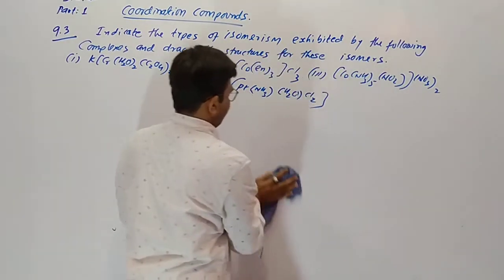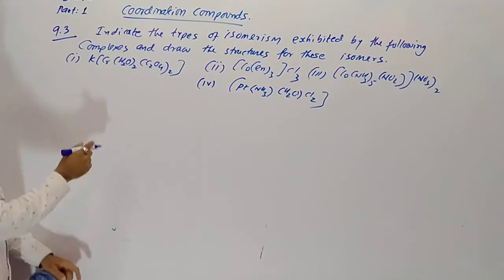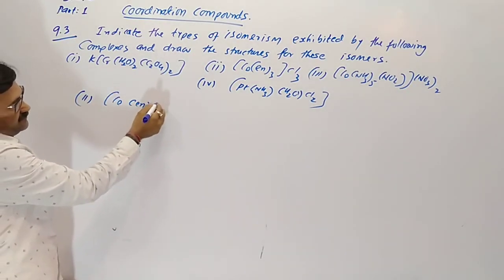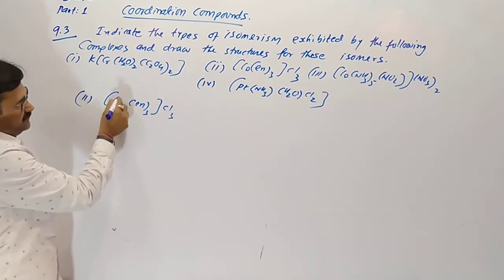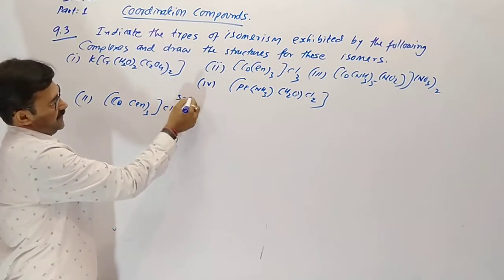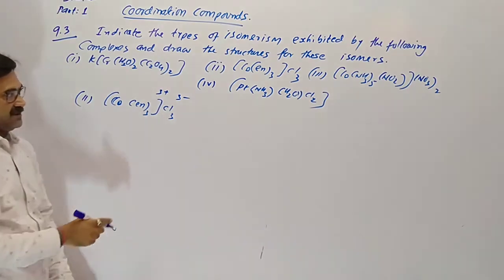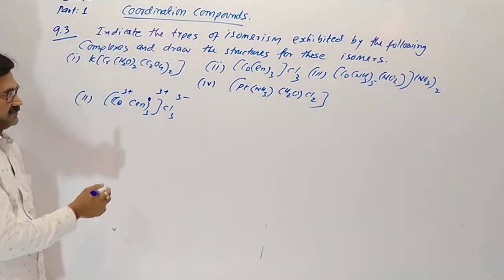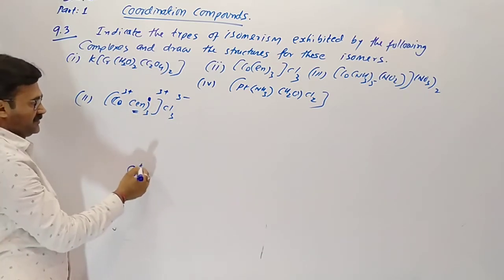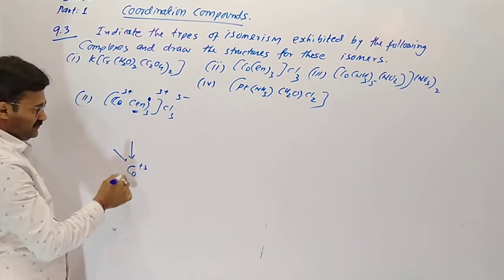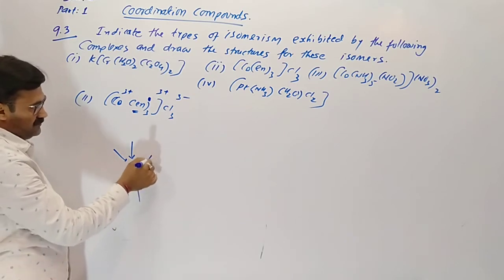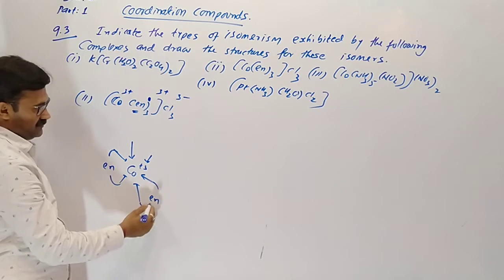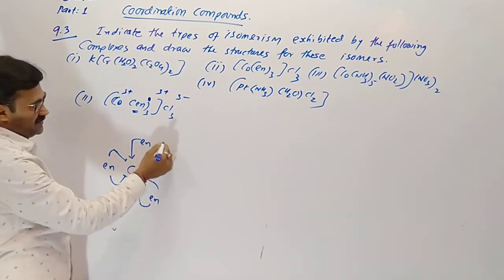Now what about the second one? The second one is [Co(en)3]Cl3. Here 3 chloride gives minus 3, so the complex is 3 plus. Ethylene diamine is didentate, en makes 2 bonds, so 3 en makes 6 bonds.